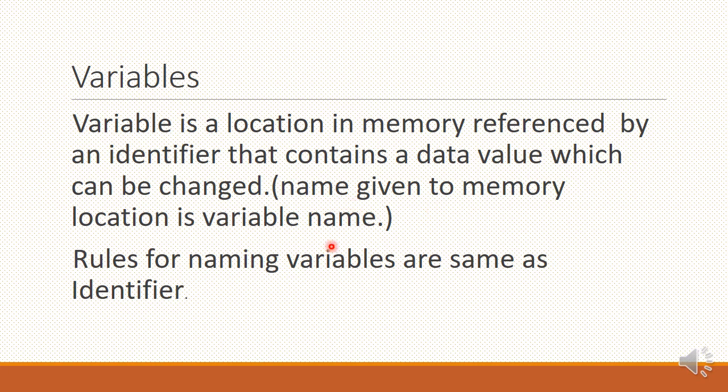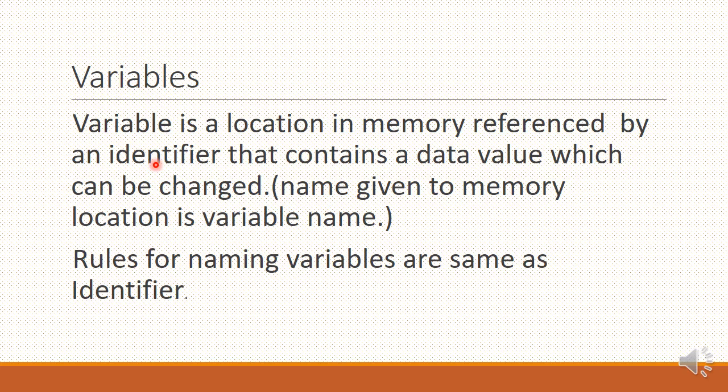The name given to a memory location is the variable name. As its name indicates, it varies. The contents whatever we are using, we are changing, so that is why they are called variables. We change the variable during the program execution.